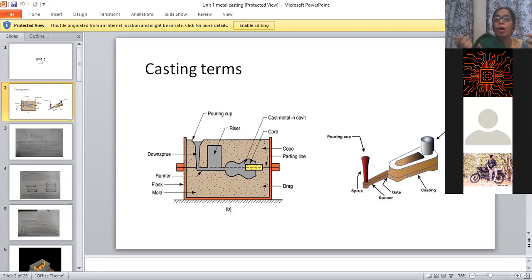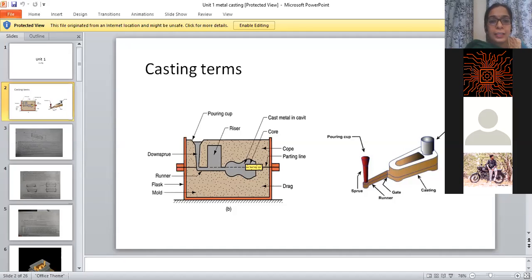When you mix these three in the correct composition, you will get the correct molding sand, right? So please see the P N Rao textbook for unit 1 to 4, and make a note from it, right?